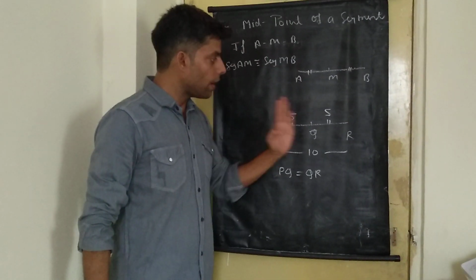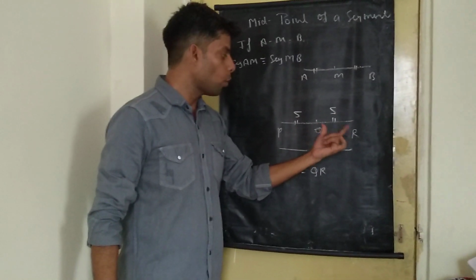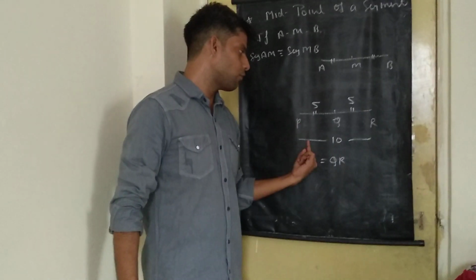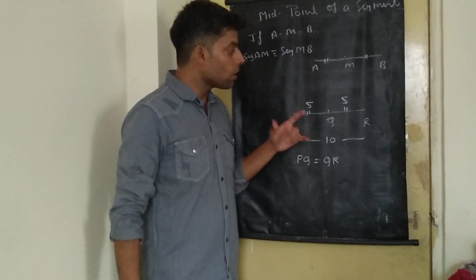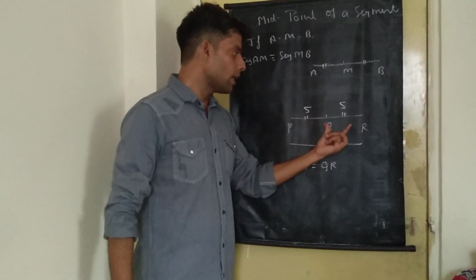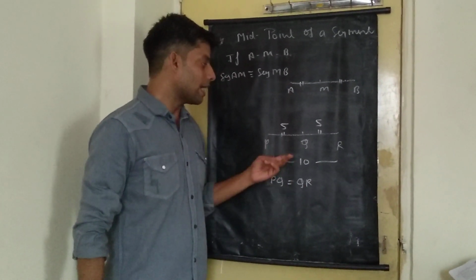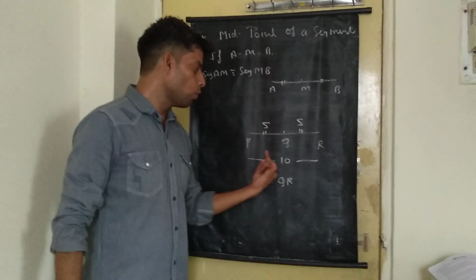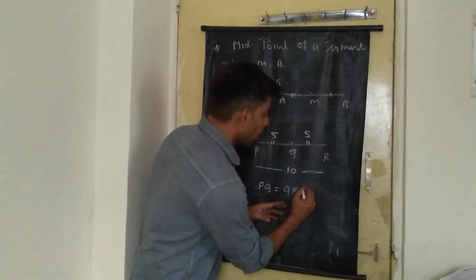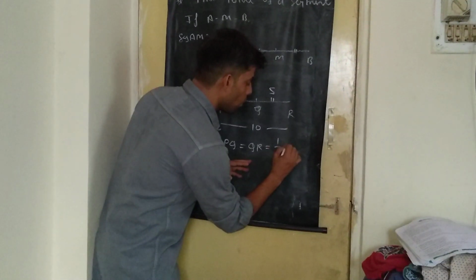In the same way, if we relate QR with PR, QR is 5, PR is 10, then definitely QR will also be half of PR. So that's how we conclude that PQ will be equal to QR and they will be half of PR.